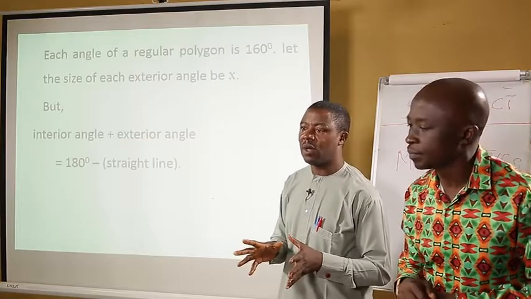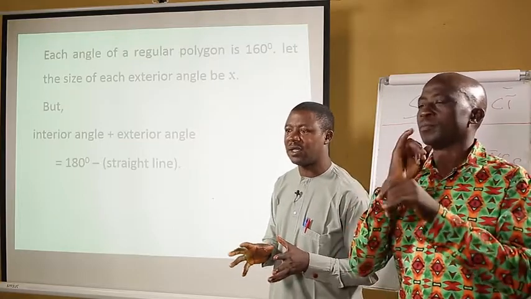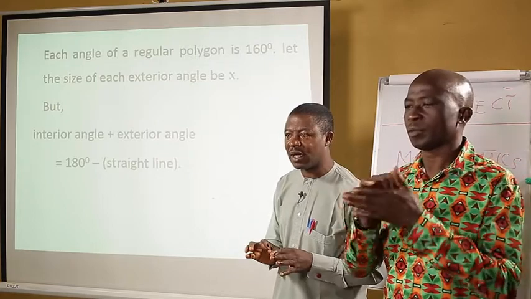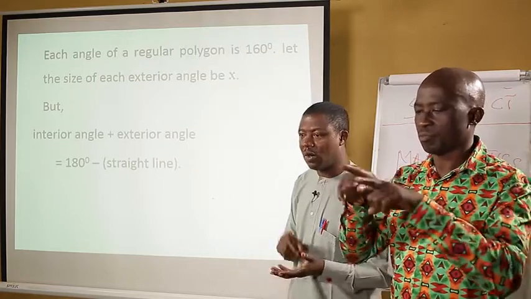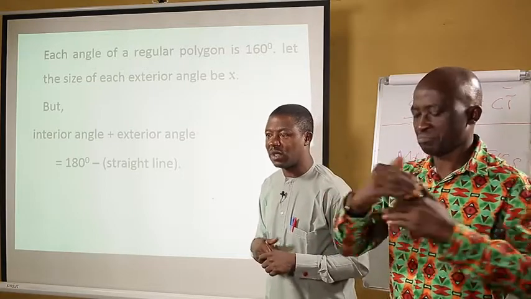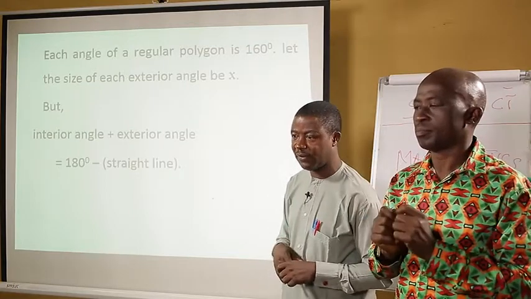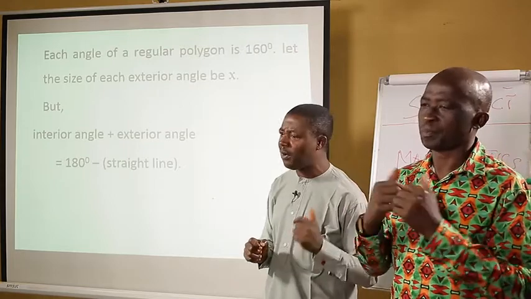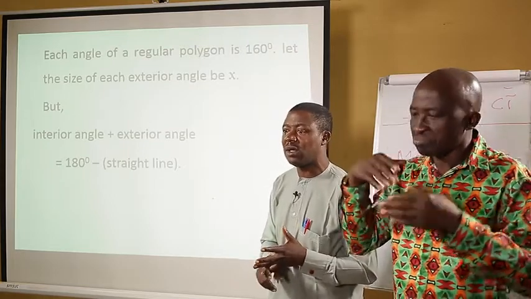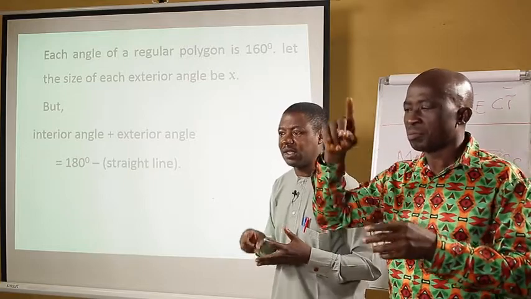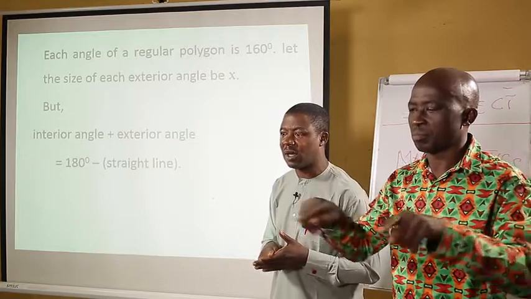Now, regular is a clear fact that the polygon has all its sides and angles equal to each other. But our problem here is we are not told whether it is a hexagon, a pentagon, a triangle, or a quadrilateral.